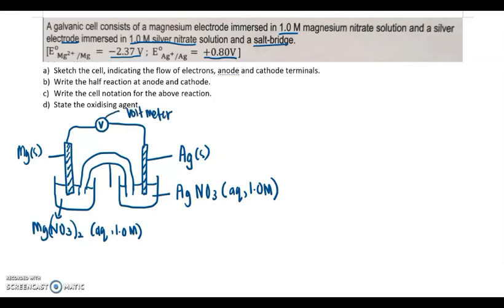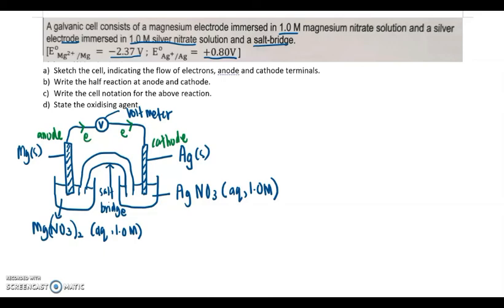This one salt bridge. Now don't forget to write the position of cathode and anode. Silver will become cathode and magnesium is anode. Then finally, we draw the flow of electrons. So electron flow from anode to cathode. So this is the cell diagram for the galvanic cell.